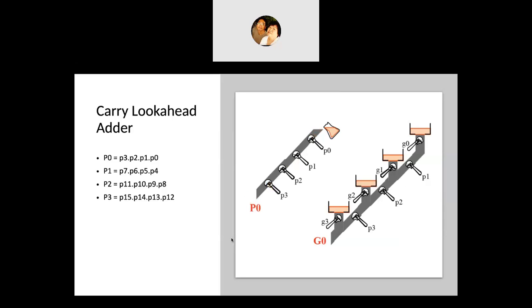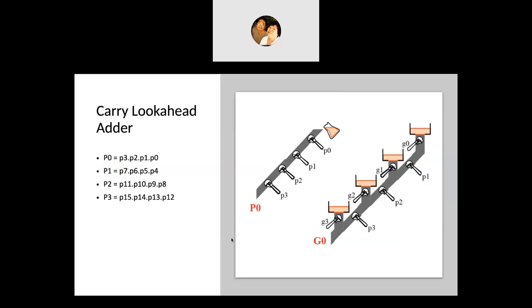It is the same here, right? P0 must be 1, P1 must be 1, P2 must be 1, as well as P3 must be 1. Otherwise, P0 will be 0. All the P's here must be 1.